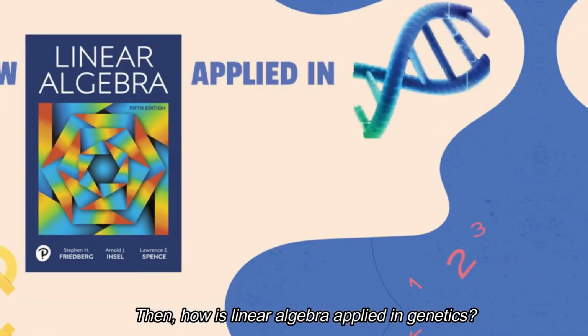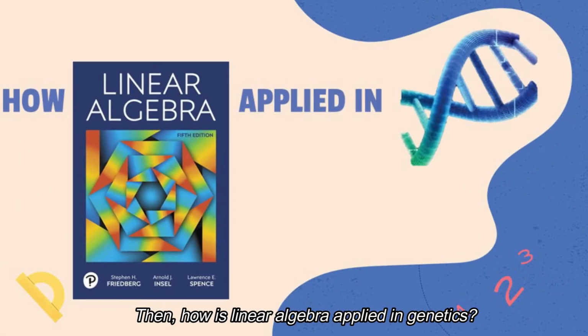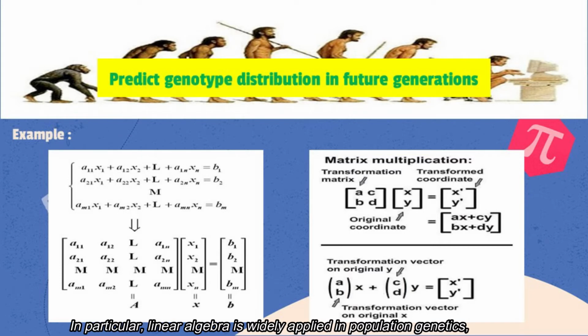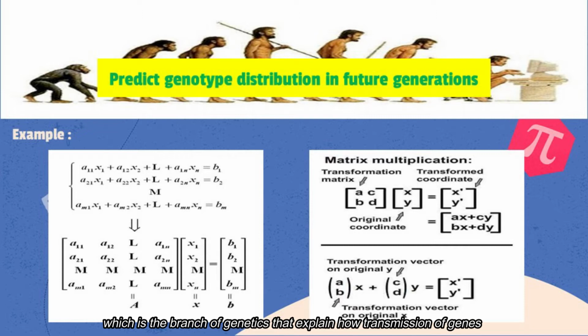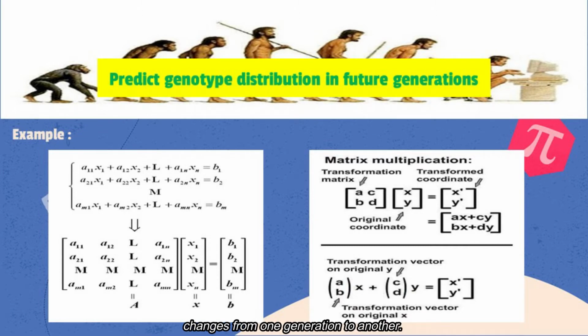Then, how is linear algebra applied in genetics? In particular, linear algebra is widely applied in population genetics, which is the branch of genetics that explains how transmission of genes changes from one generation to another. The integration of both science of genetics and linear algebra provides useful tools that can predict our future based upon our genetic makeup.